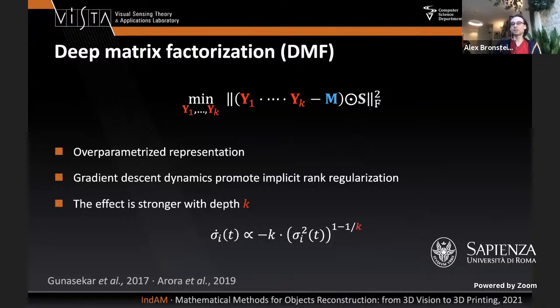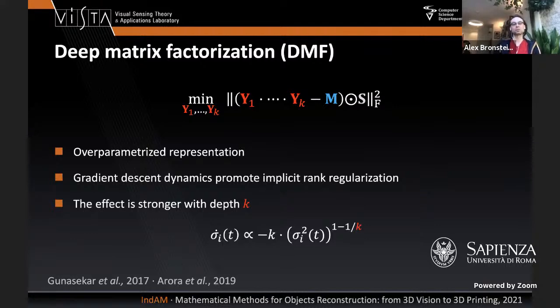The justification for this deep matrix factorization is the dynamics of the gradient descent algorithms that essentially implicitly regularize the rank. So if you solve this problem with any variant of gradient descent, you will actually realize that only a small number of singular values of this product is going to be promoted, and the rest are going to be attenuated. And this is basically caused by the trajectory that gradient descent chooses in this space.